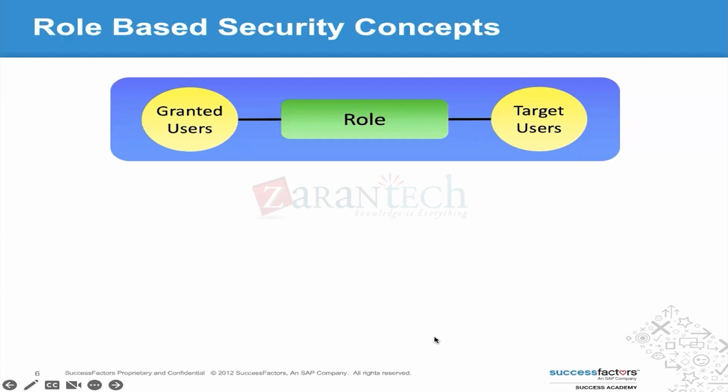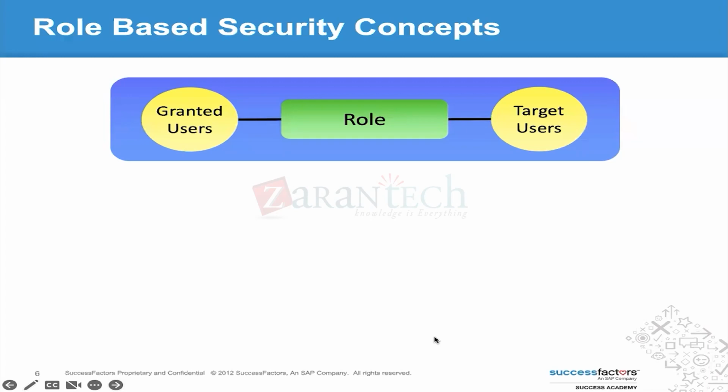Then on the right-hand side are the target users. If there are some HRs who got 40 permissions that include promotion access, termination access and so on, then on whom they can perform the promotions and terminations is the target population. Who gets the rights is the granting population on the left-hand side.